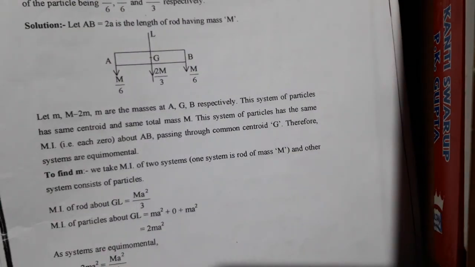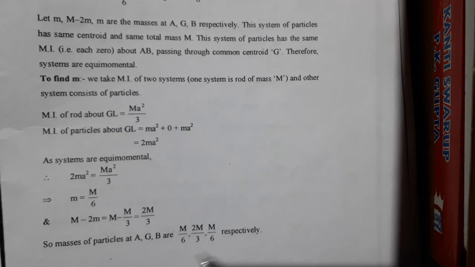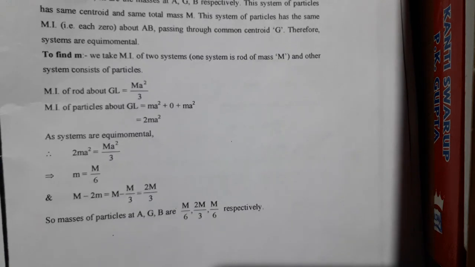We have proof that the mass we put at the ends of the rod is M by 6, and at the centroid it is 2M by 3. Thank you.